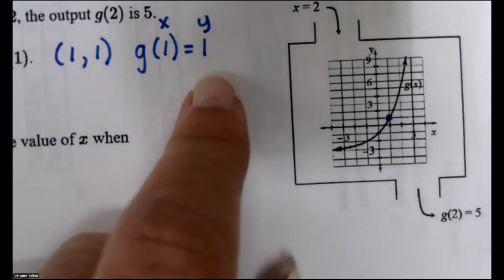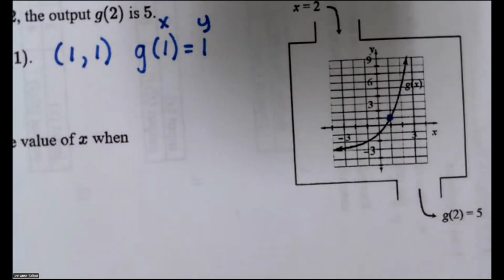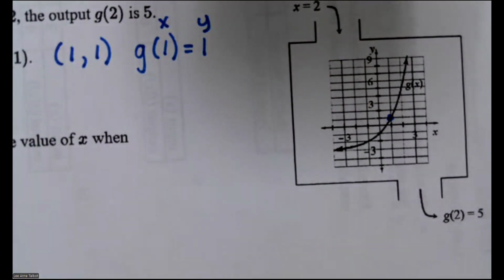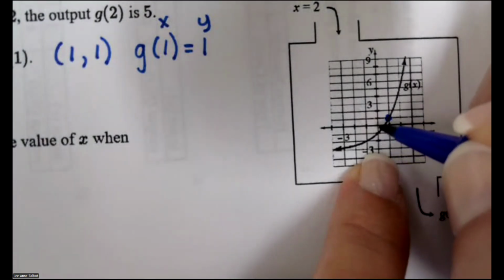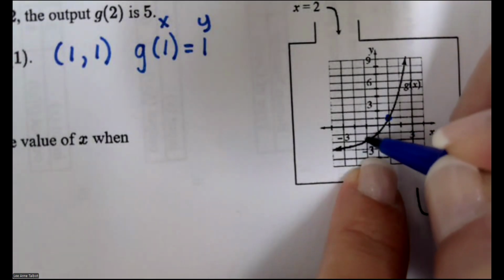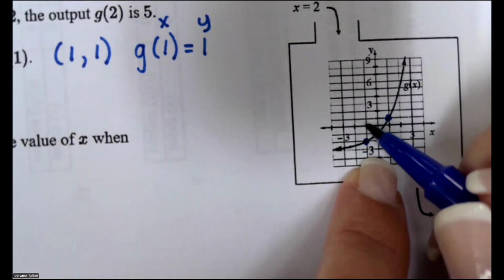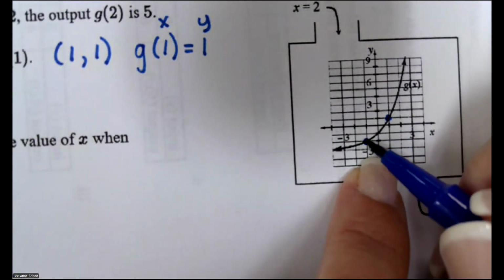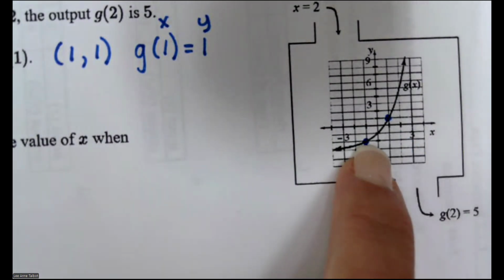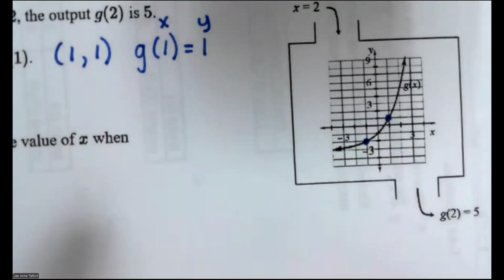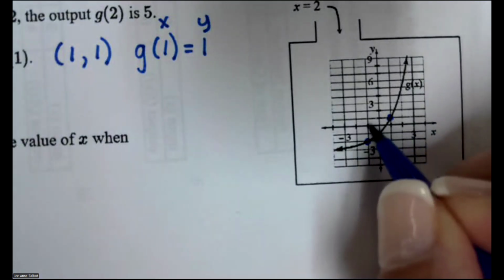Okay, B. Likewise, what are g of negative 1 and g of 0? Okay, so g of negative 1 is right here. So I went to the origin and I went back 1 and then made my coordinate on the curve. What coordinate is that? Negative 1, negative 2. Okay, perfect.